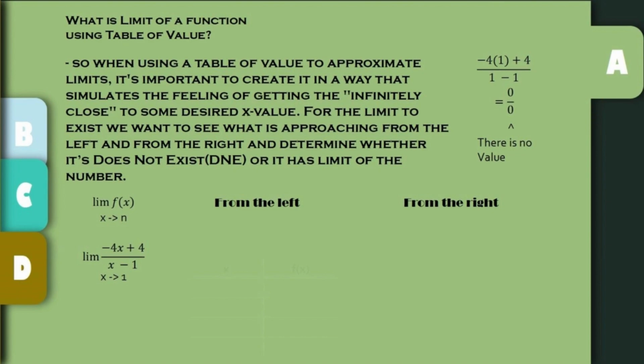But if we substitute x in your f of x with 1, you will see the result will be 0 over 0, or in other words, undefined. To do that, if x approaches 1, then from the left and from the right, you need to find numbers that are closest to 1.